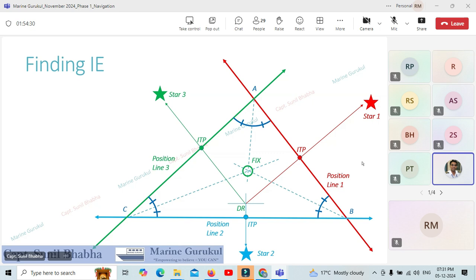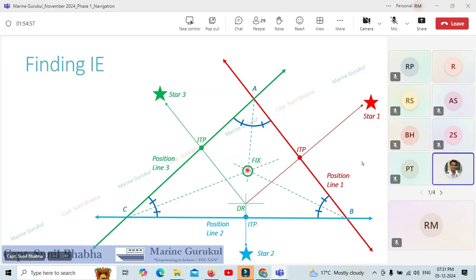If there was no error, all the three position lines would have intersected at the fix of the ship, but they are not intersecting at a single point, and they are instead making a triangle, and the reason for that triangle is that there is some error. Now, if this is caused by an index error and we are required to find the index error of the sextant, how can we obtain it from the cocked hat?